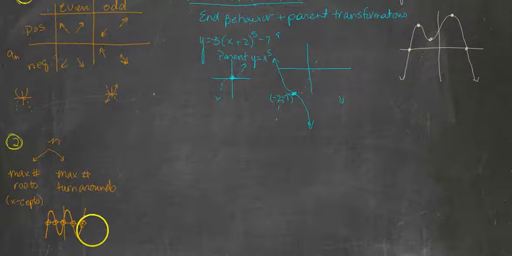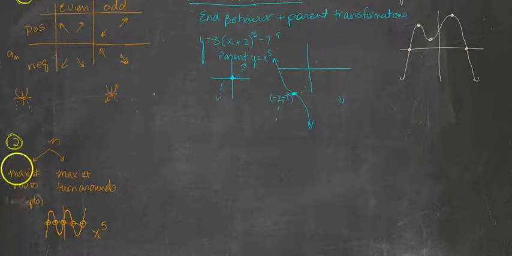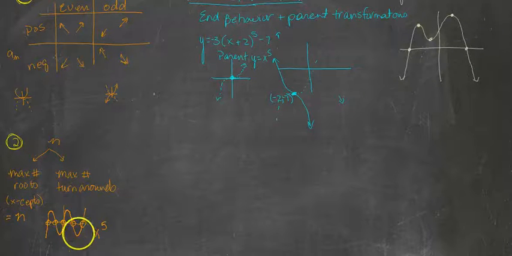It would be an x to the 5th power. So the maximum number of roots or x-intercepts equals n. That's the maximum. And then the turnarounds would be 1, 2, 3, 4, very interesting, equals n minus 1.